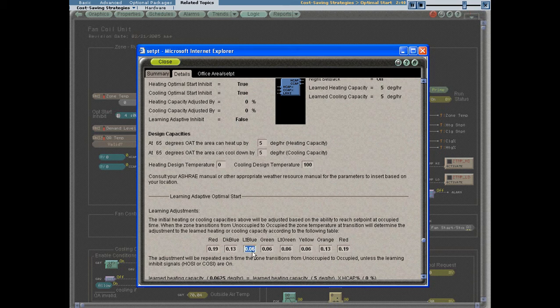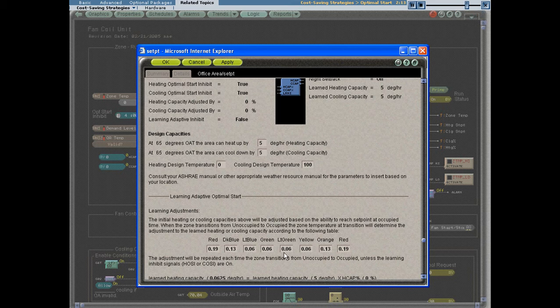Using this number that was entered by the engineer, I'm going to change my capacity for them and lower it by 0.06 because I didn't make it last night. And because I have less of a capacity to heat the zone, I'll probably have to kick in a little earlier tomorrow than I did this morning.